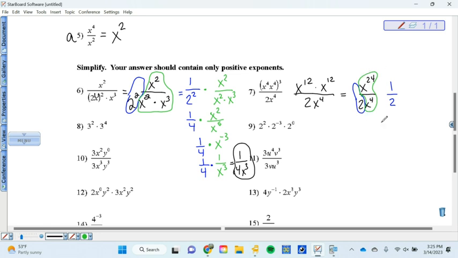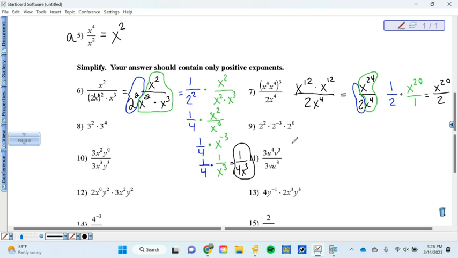What's 24 minus 4? 20. So it's x to the 20, kind of over 1, right? So now what's my final answer going to be? Yes, x to the power of 20 over 2.